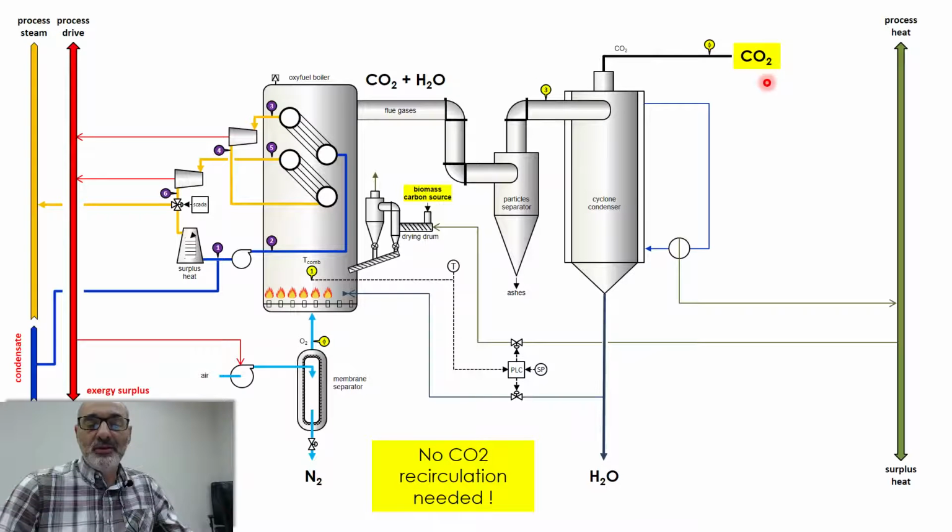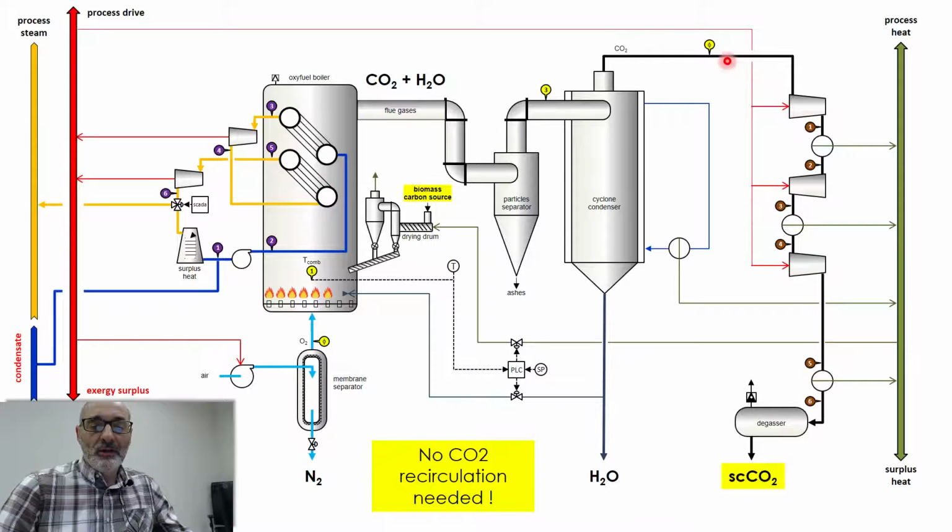Well, the next step, as I was saying, is to compress CO2. It's simple. You have pure CO2 at this point, so you pass that through a series of compression and cooling operations. At this point here, you virtually have pure CO2 in some supercritical region. In practice, you always have some non-condensables, which can be nitrogen, some ppms of nitrogen, or others that you can pass through a degasser and emit.